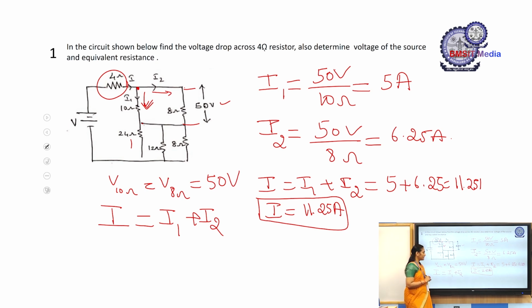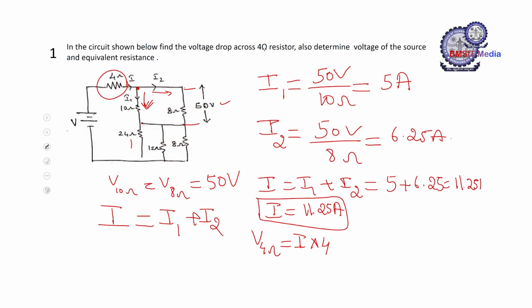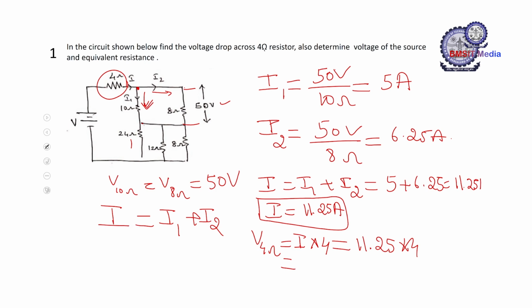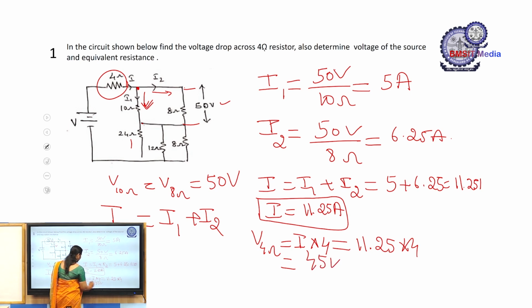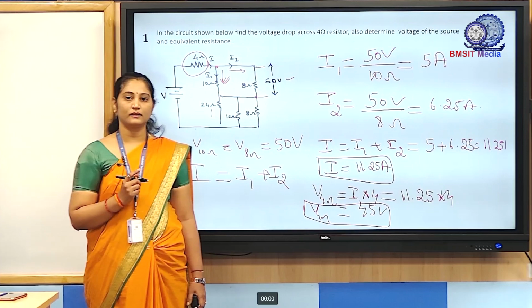We know the current and we know the resistance, so V 4 ohms is I into 4, which is 11.25 into 4, which is equal to 45 volts. So V 4 ohms is 45 volts. We found the second parameter.